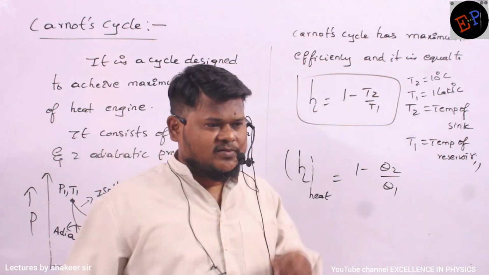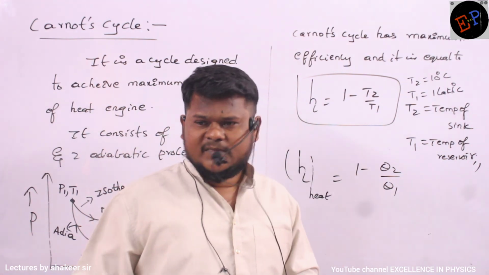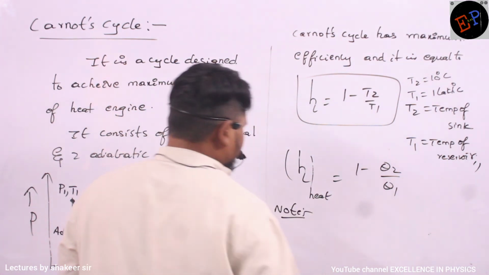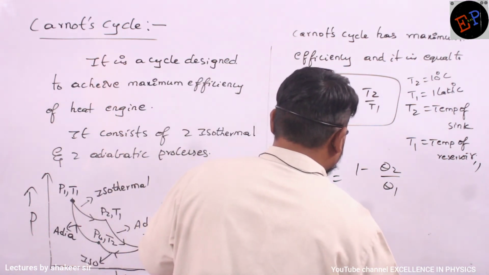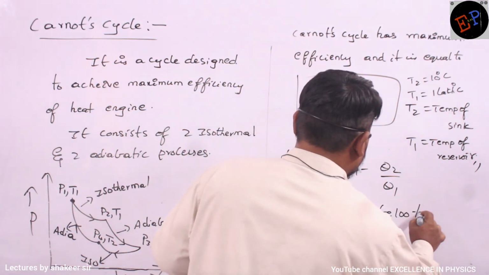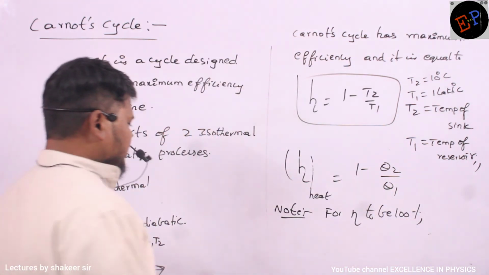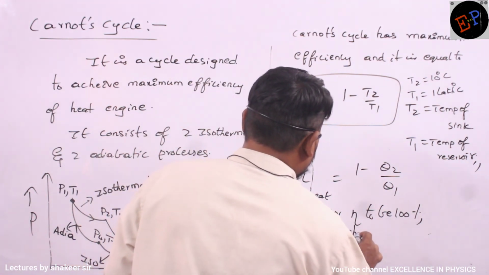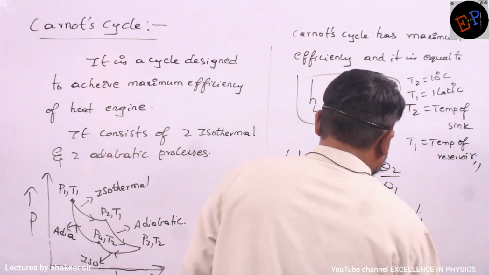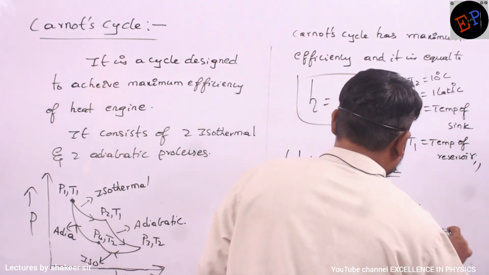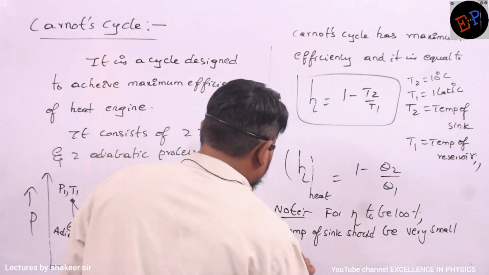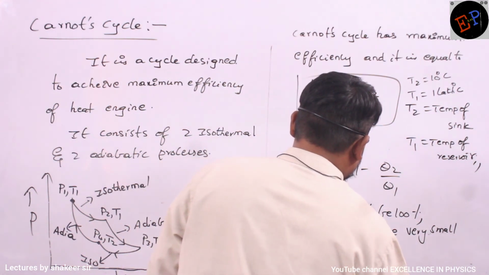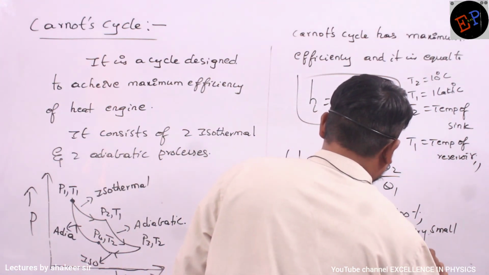That is what we understand by doing the cycle called Carnot cycle. So write down the note points here. For efficiency to be 100%, temperature of a sink should be very small, and temperature of reservoir should be very large.